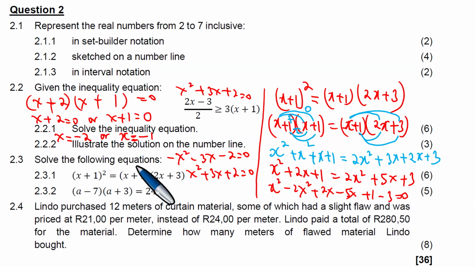So you have x plus 2 equals 0, x plus 1 equals 0, because the product is 0. Then you transpose the 2, making it negative, and transpose the 1, making it negative. Therefore, the two answers are that x equals -2 or x equals -1.